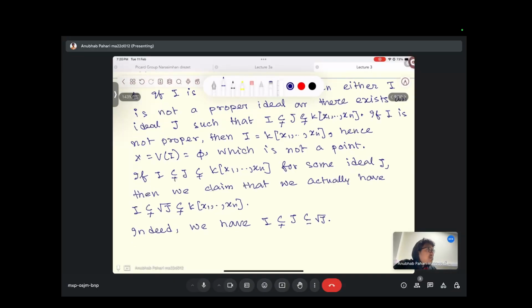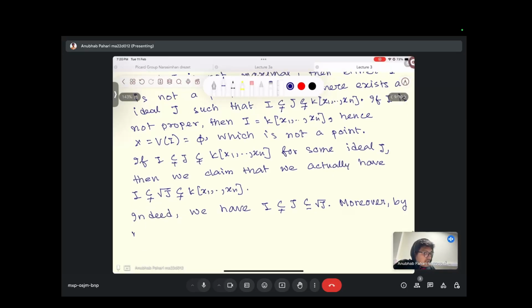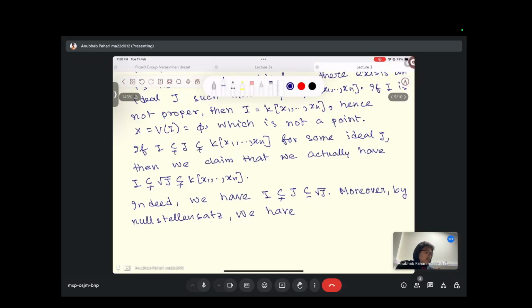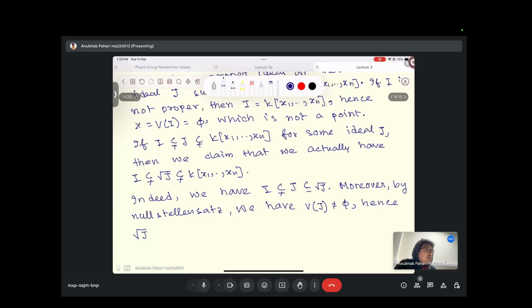So moreover, by Nullstellensatz, we have V(J) not equal to phi, hence radical of J equals I(V(J)) not containing k[x1, up to xn].